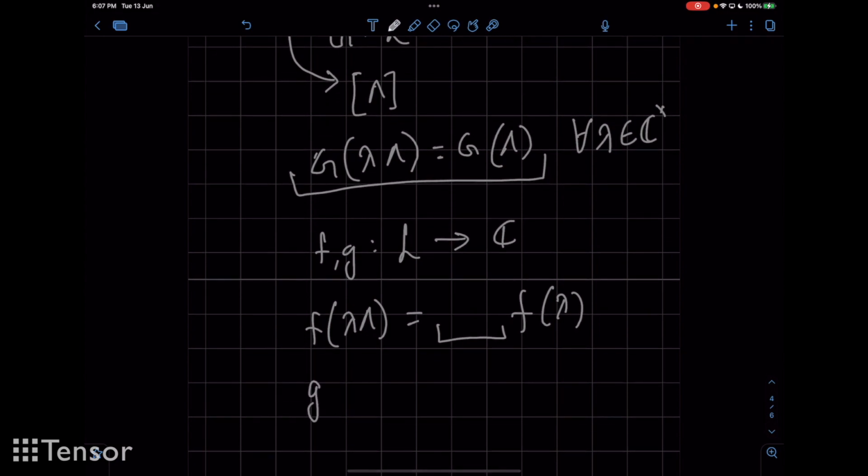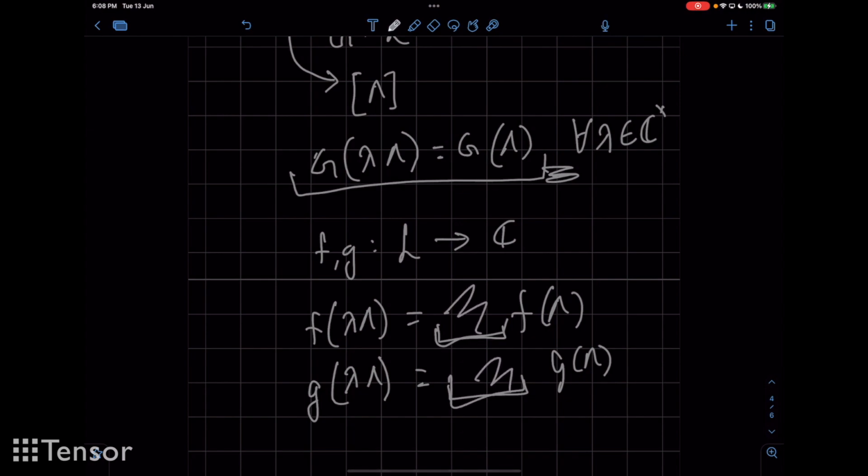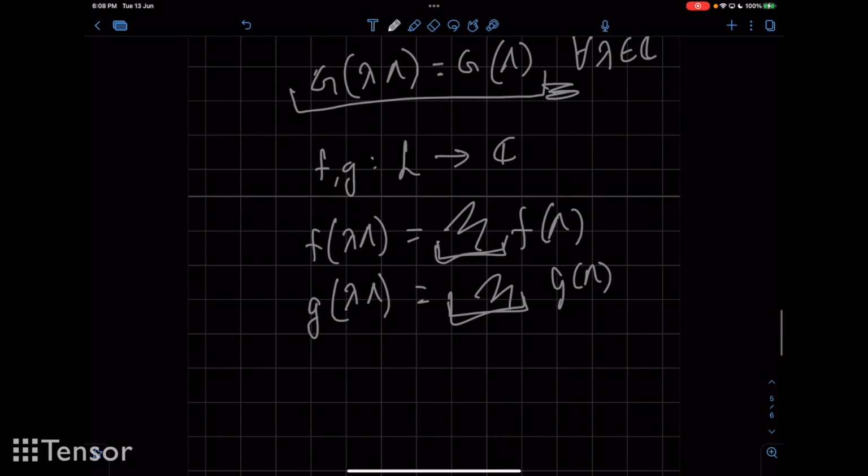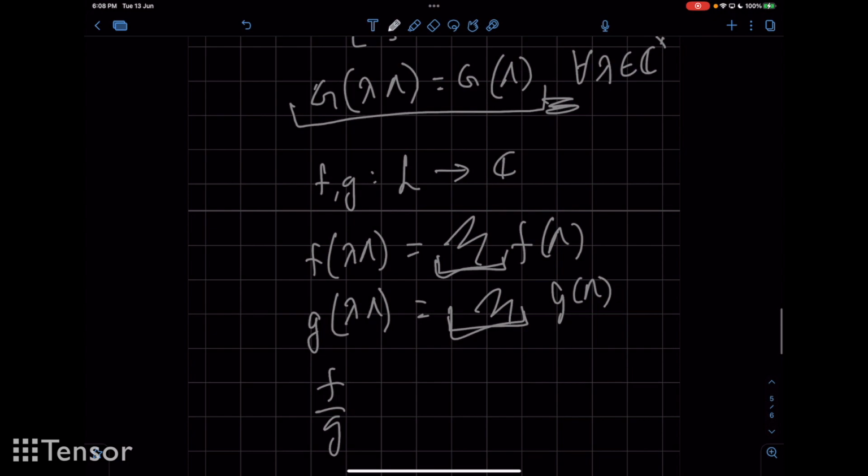And if g also has this property that g of small lambda times capital lambda is not g of capital lambda, there are some fudge factors here. And if these two factors are the same, we can consider f over g. Then f over g has our desired property.